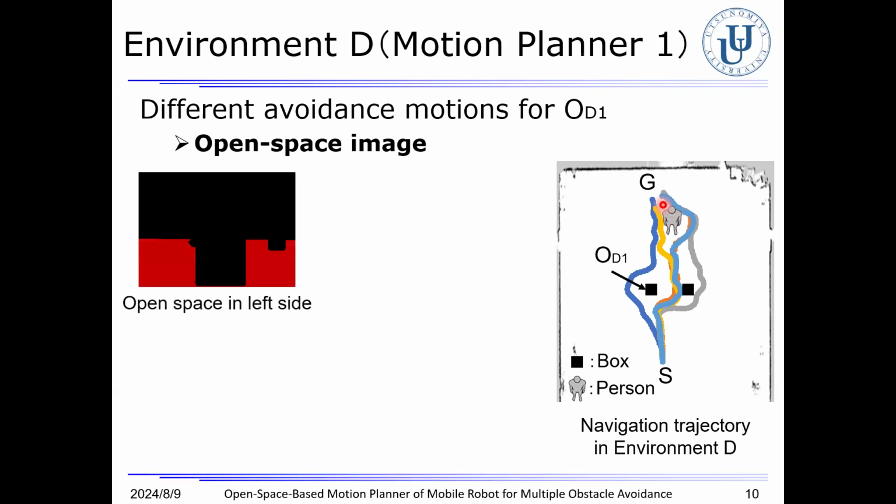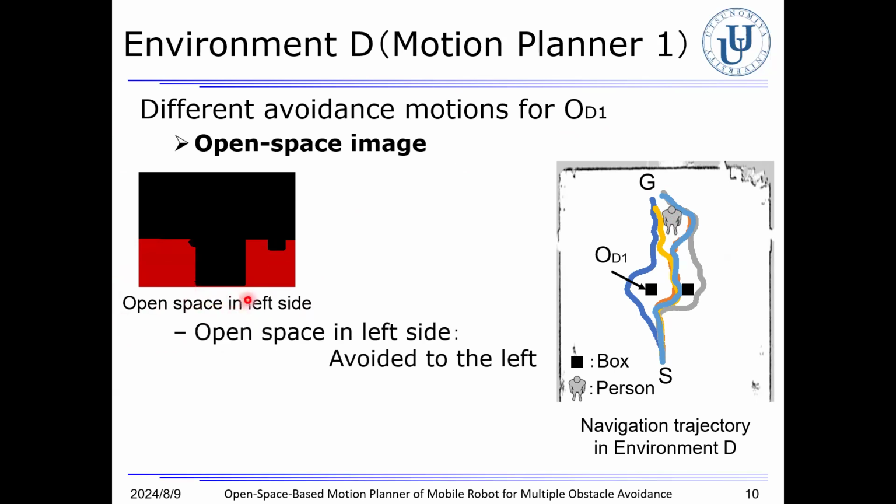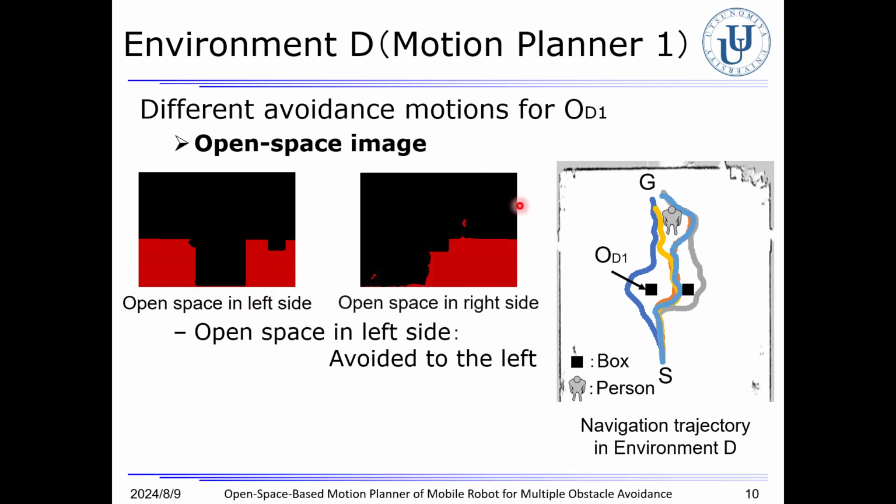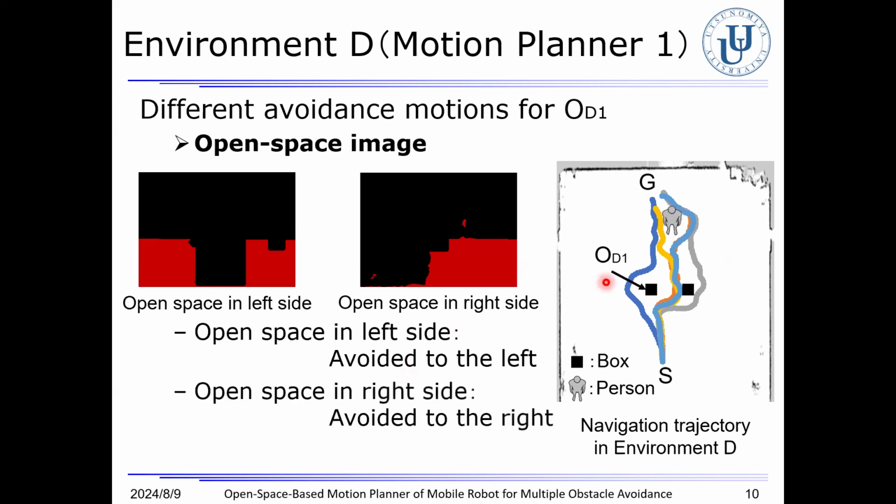Even for the same obstacle, it appears in various positions depending on the position and the orientation of the robot. So we can see the open space on the left side in this figure. As a result, the robot avoided the obstacle to the left. On the other hand, we can see the open space on the right side in this figure. As a result, the robot avoided the obstacle to the right. In this way, different open space image inputs cause different avoidance motions.